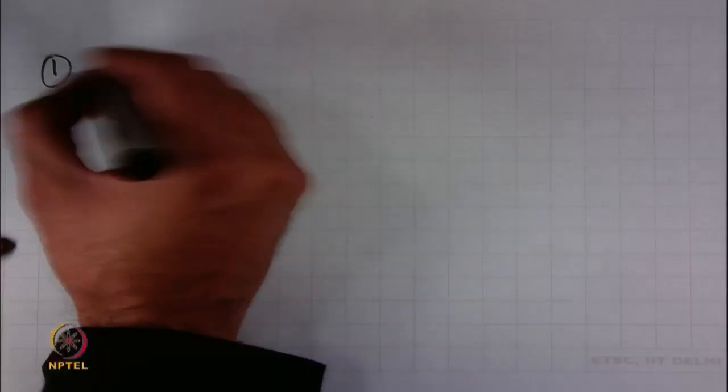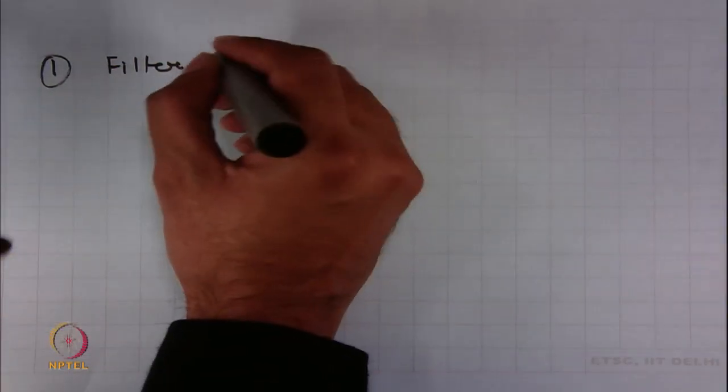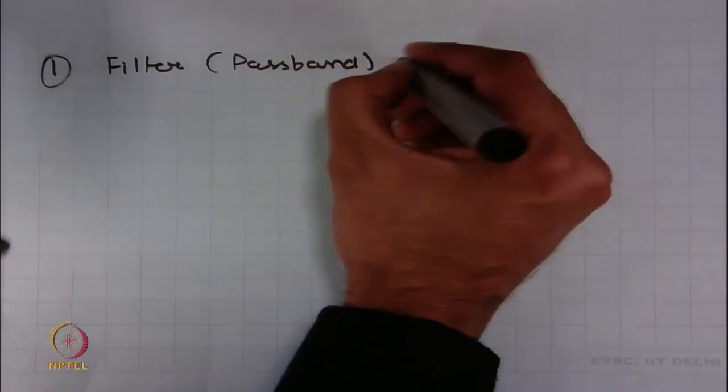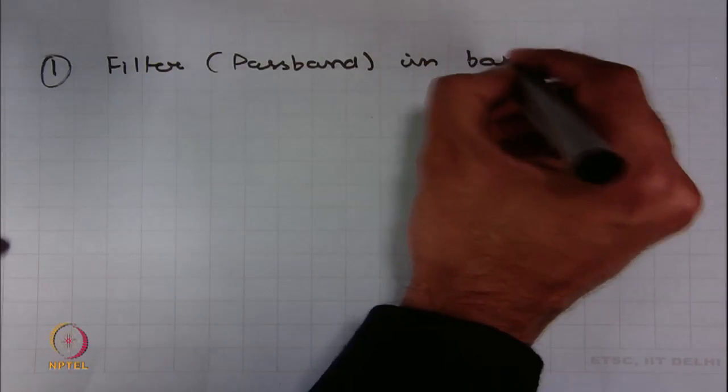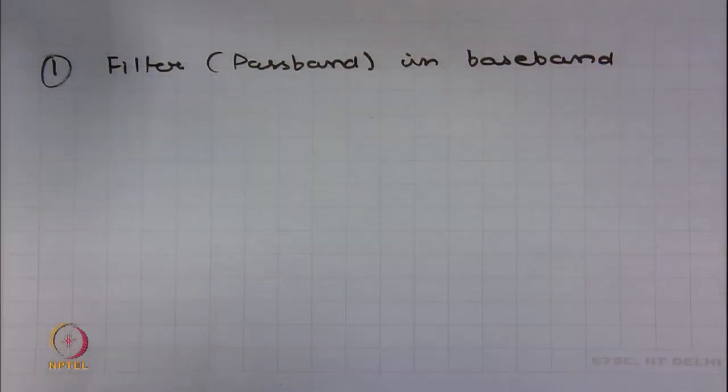So, things that we would do now is we would try to see basically three important things. Suppose I want to implement a passband filter in baseband. How can we do that using the ideas that we have established? This is the first thing that we will learn as an example.